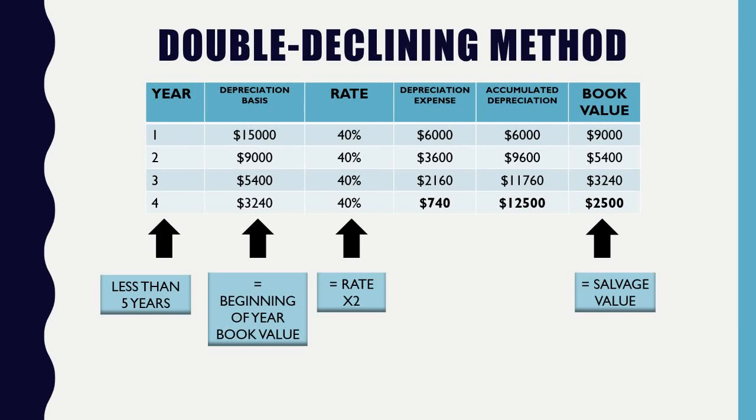And once again, the depreciation expense is depreciation basis times rate. Once you reach the end of its life, whether it reaches the full 5 years or not, you need to make sure that your book value equals salvage value.